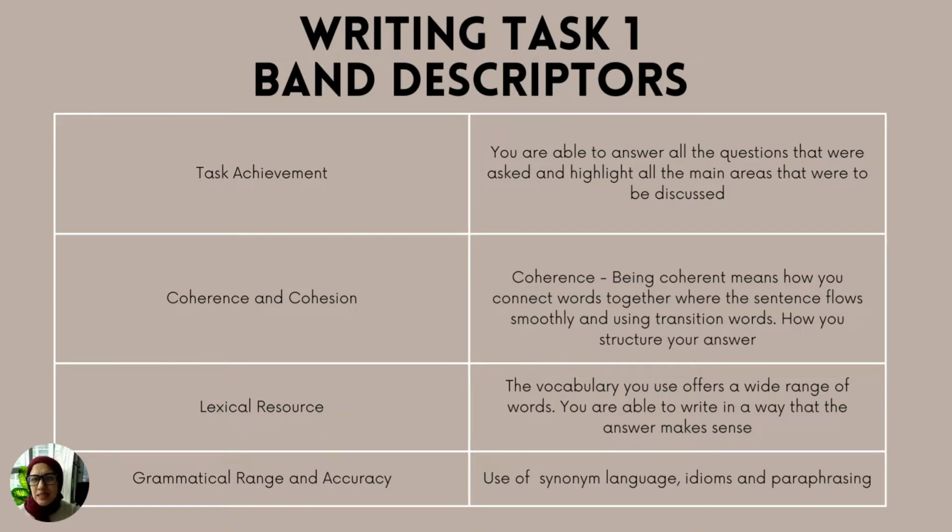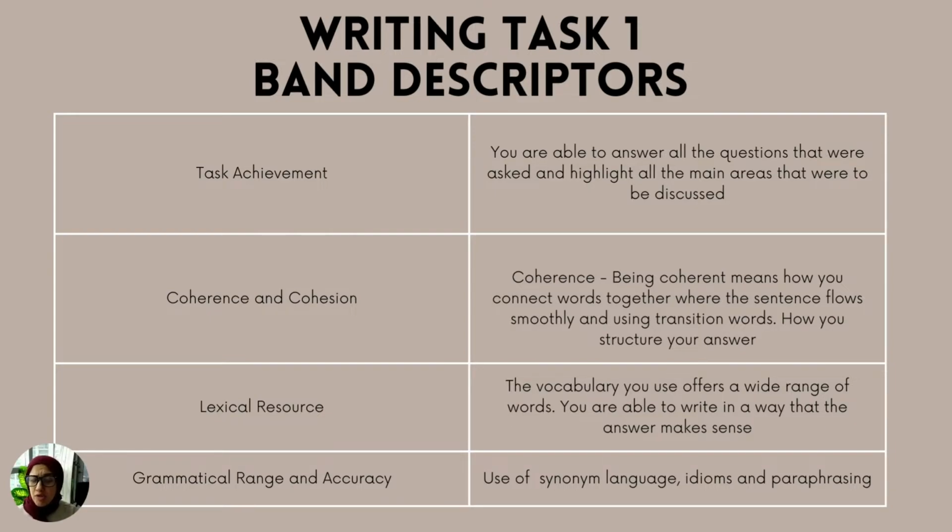So what exactly does task achievement mean? Task achievement is that you were able to answer all the questions that were asked, and you were able to highlight all the main areas that were asked to be discussed in the answer. So you need to make sure that the first thing you do is you try to understand the question that is being asked, and you cover all avenues of this within your answer.